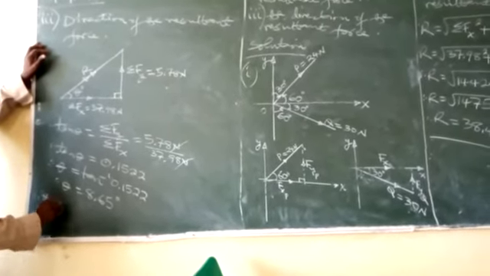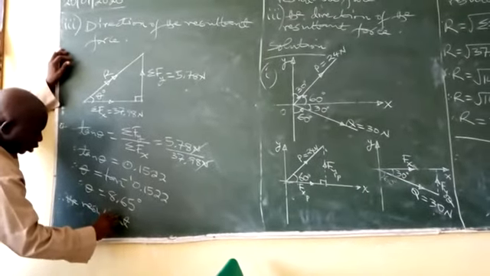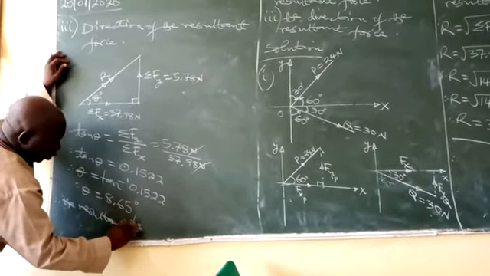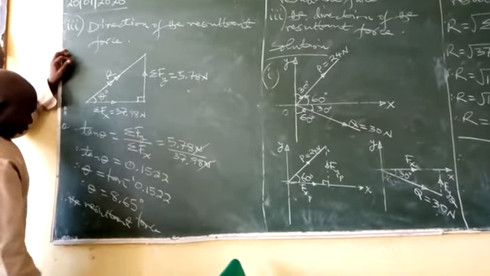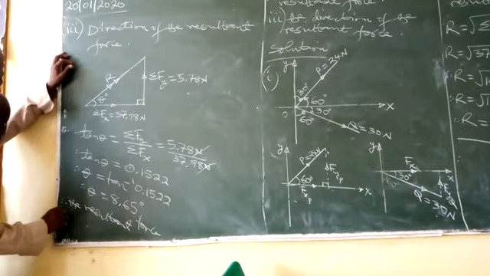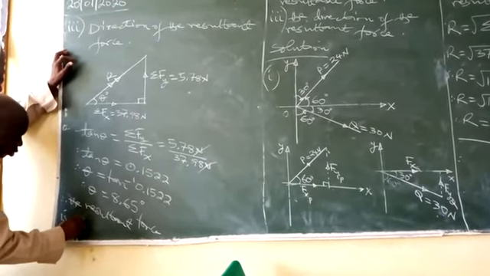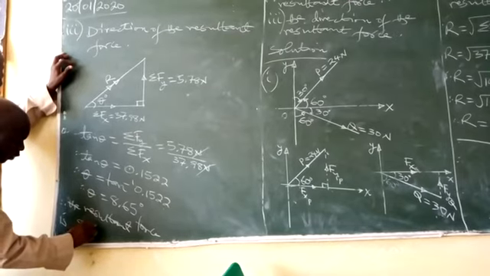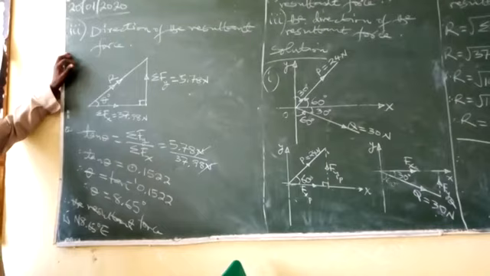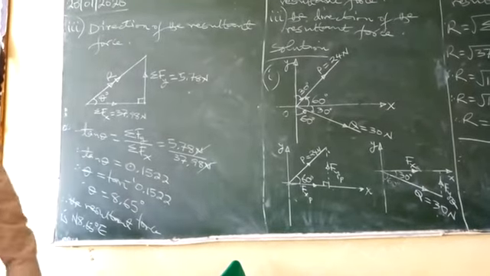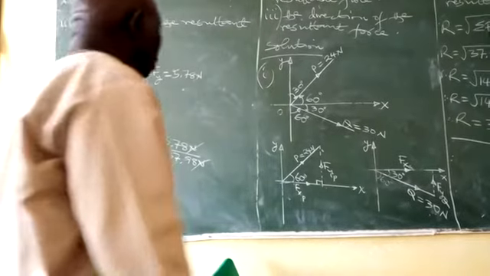So we can say that the resultant force is 8.65 degrees northeast. You can show it this way.